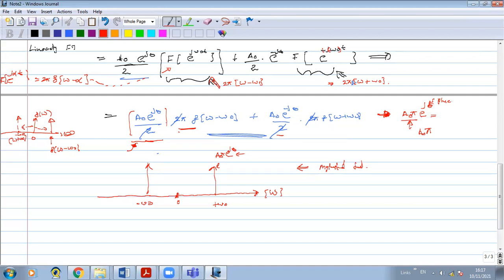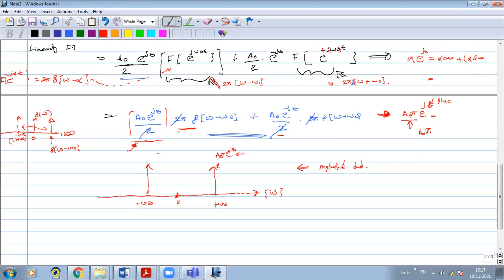If you have a complex number alpha e to the j theta, you can write it as alpha cos theta plus j alpha sin theta. If you want the magnitude, you square this part and this part and take the square root.